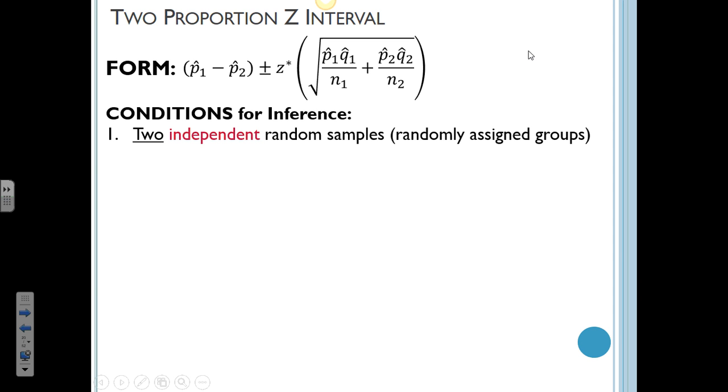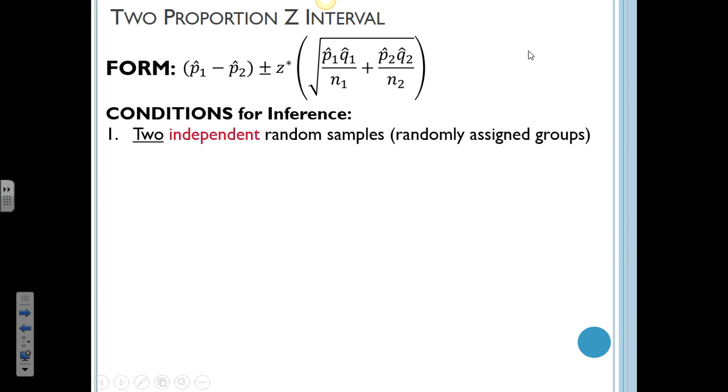Do you see this word independent and this word 2? That's going to be the new random check. You need to make sure that the data you are looking at are from independent sources, so they're separate assigned groups, or they come from 2 different samples. They have to be from separate entities, because if not, it could be a paired situation.